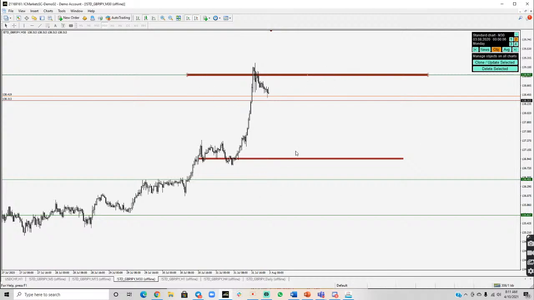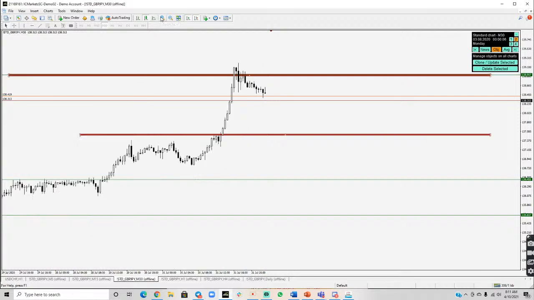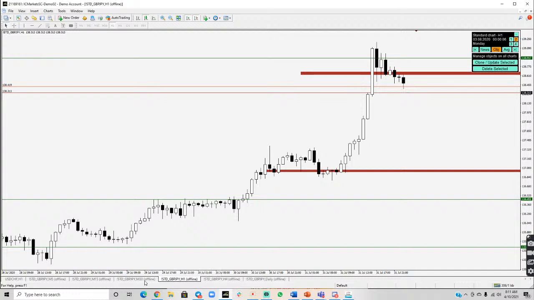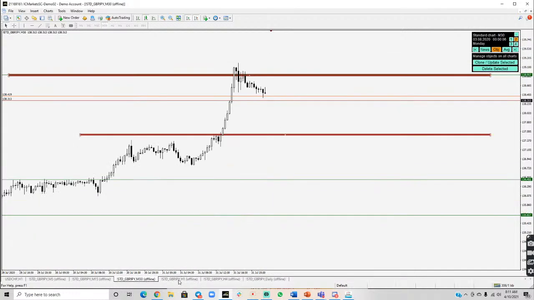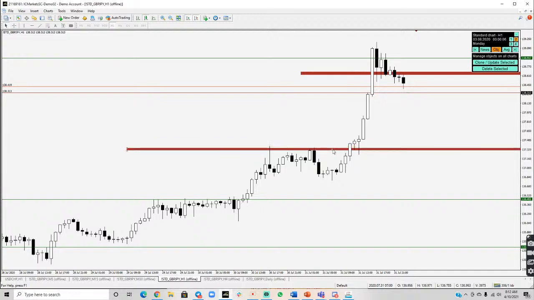And we also have, let's use this resistance here. Then let's look at this on the 30-minute, 1 hour. So let's use these levels for the 1-hour time frame.